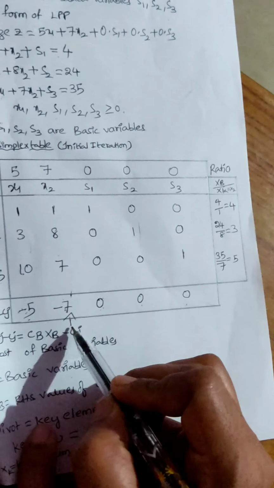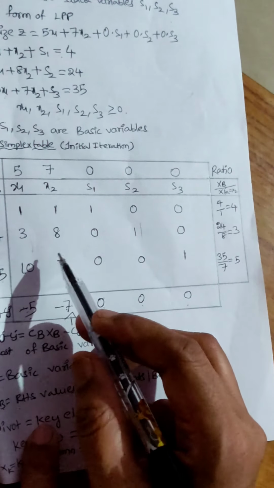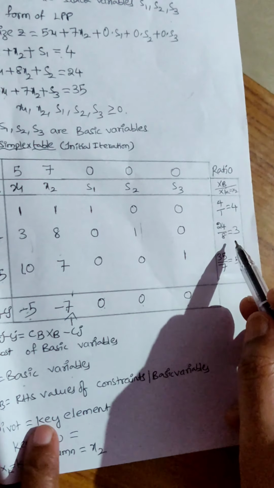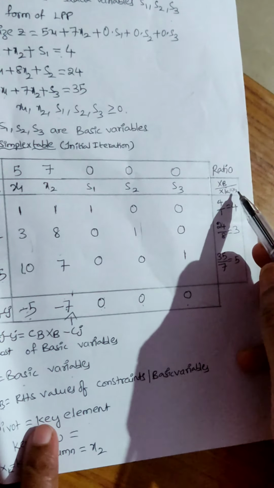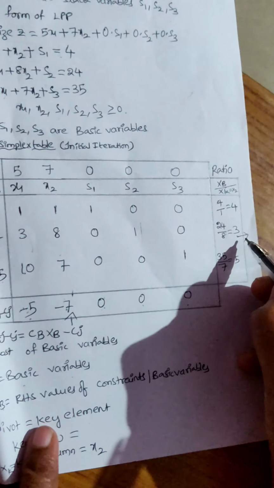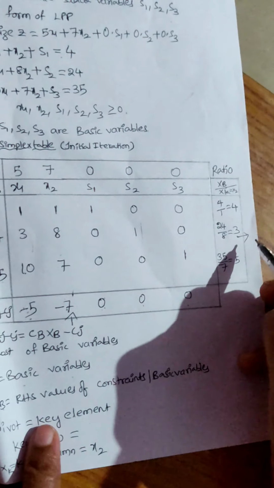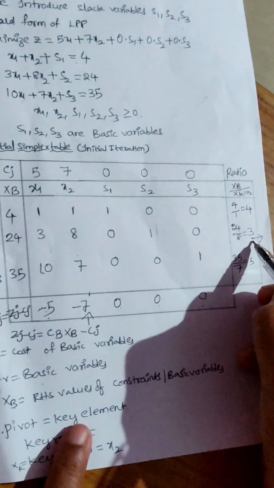Now the key column is the x2 column. We have to find out the key row. Select the minimum positive value in the ratios 4, 3, 5. Among these three values we know that 3 is the minimum positive value, which leaves the basis. Okay, that is S2 is the key row.